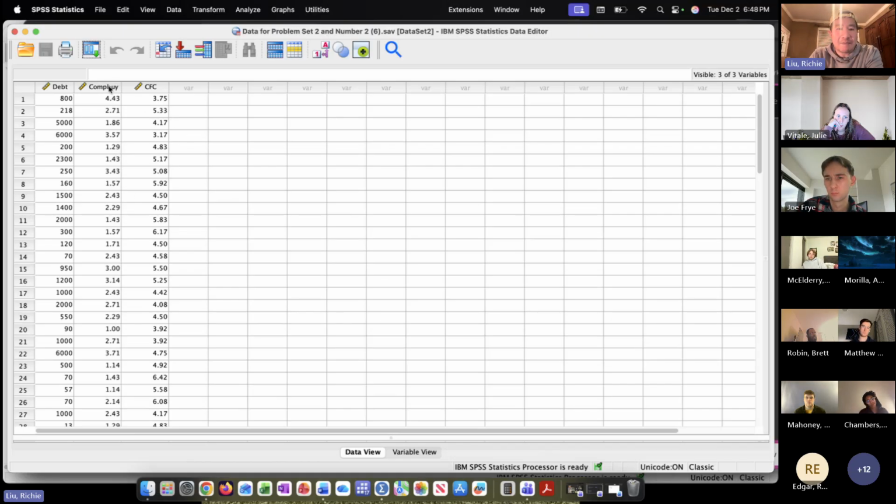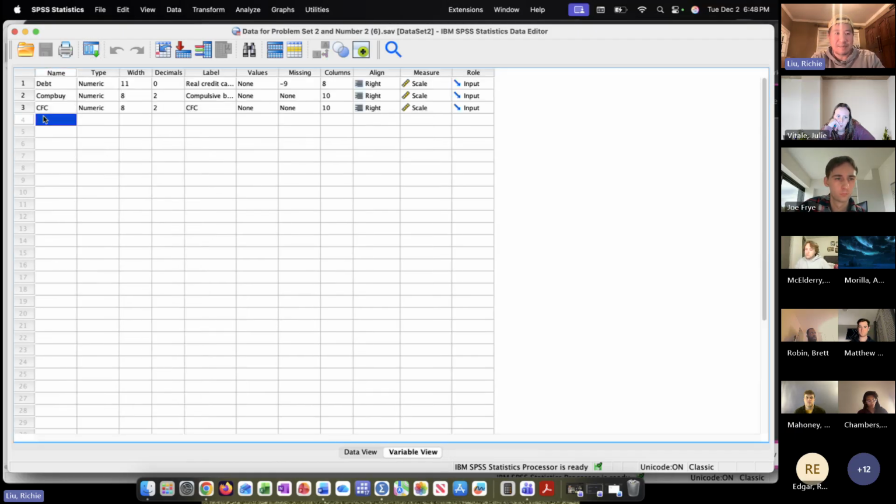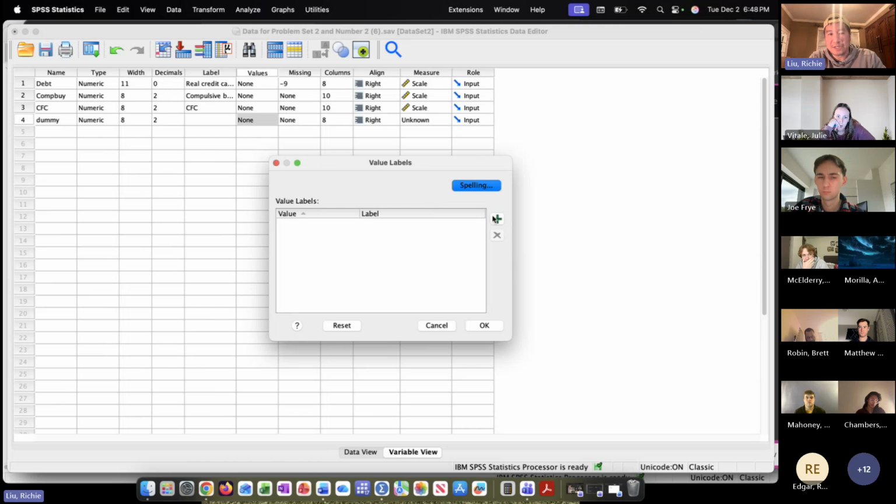On the exam, comp buy will be what we call more of a dummy coded variable, and it will be essentially two groups, right? I'm not going to tell you now what it is, but one condition will be coded 0, and the other condition will be coded 2.